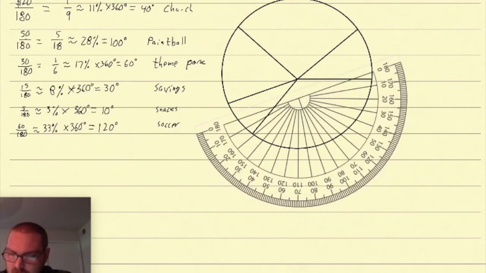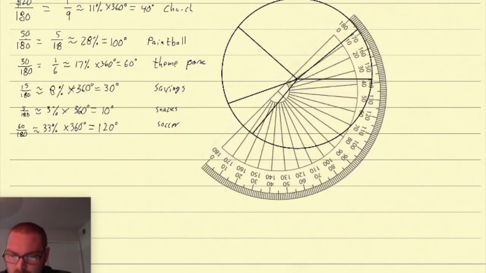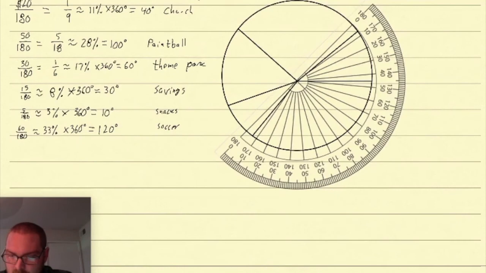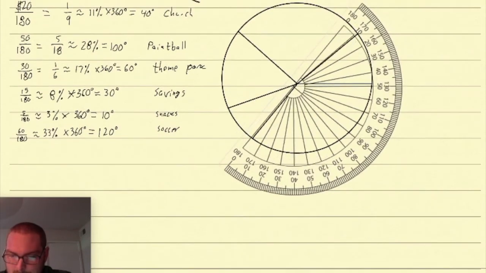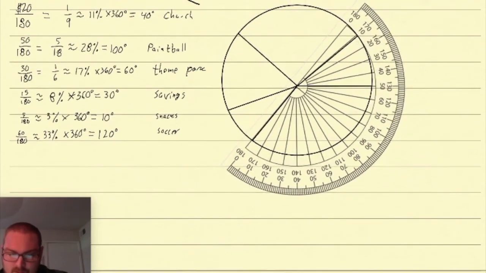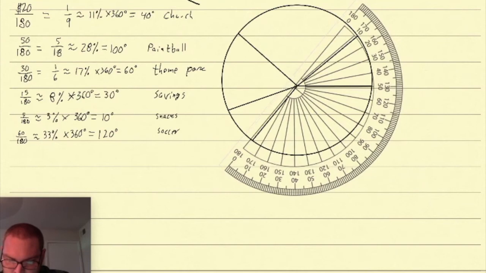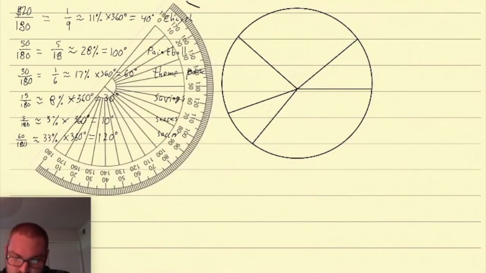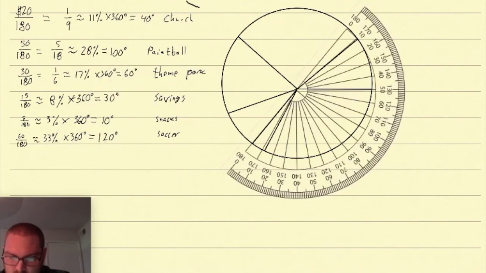Oh yeah, that's 30 degrees. And we just keep on keeping on. So now that next one is 10 degrees. It's going to be right here. I think that's it. Yeah, it's just a little bit more.